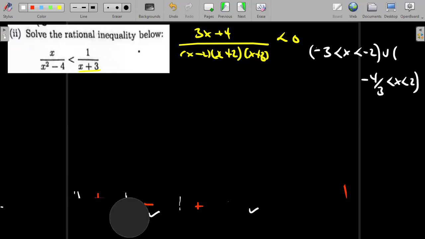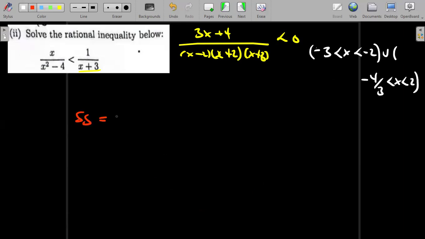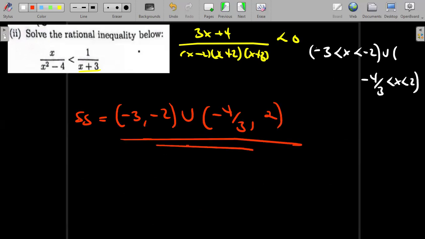So we'll get that the solution set is just going to be equal to (-3, -2) union (-4/3, 2), like this. So this is the answer for this inequality.